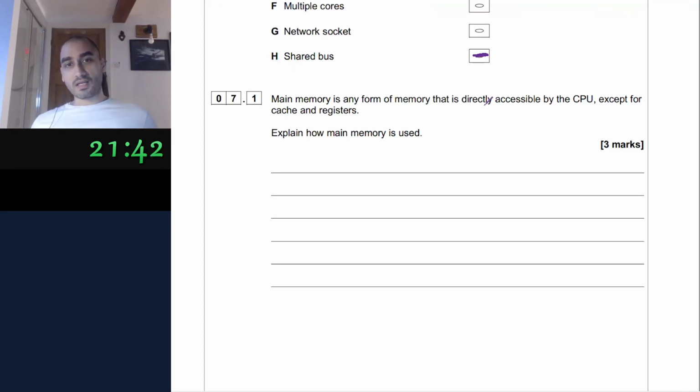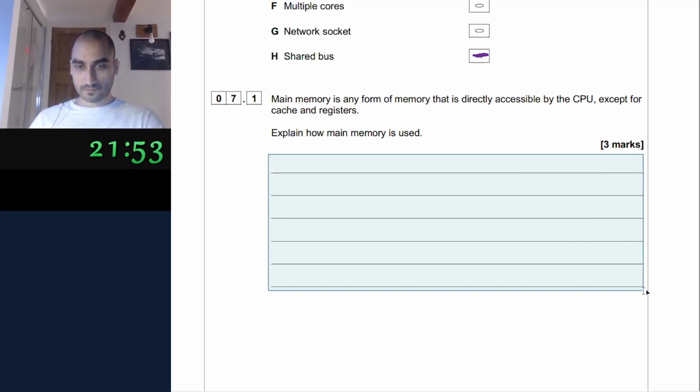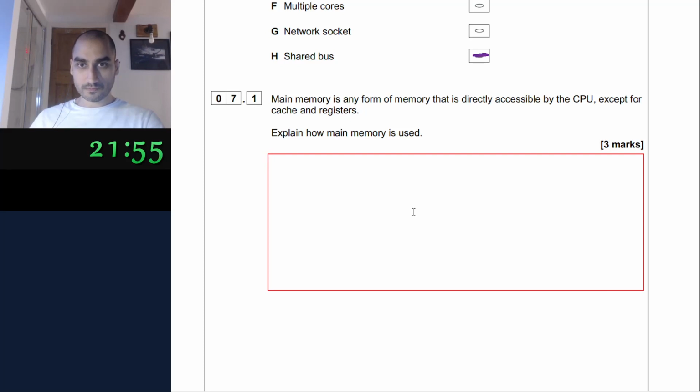Main memory is any form of memory that is directly accessible by the CPU except for cache and registers. Explain how main memory is used. It's just used whenever you need memory. Okay.